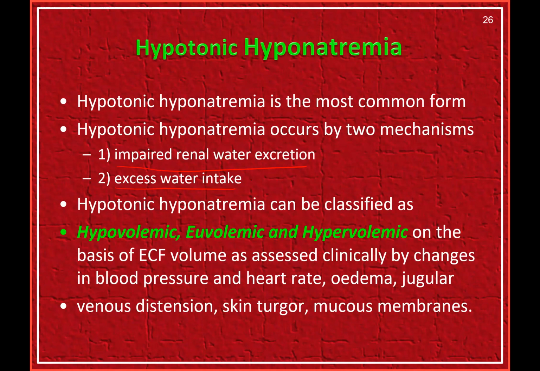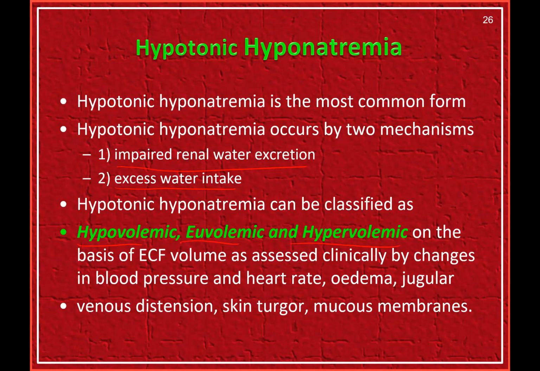So here, water excretion is at fault, not much water is thrown out, water is retained, so sodium appears to be lower. Or somebody is compulsively drinking more water, which can also produce hypotonic hyponatremia. Hypotonic hyponatremia is again of three types: hypovolemic, euvolemic and hypervolemic. Now you see how many we have.